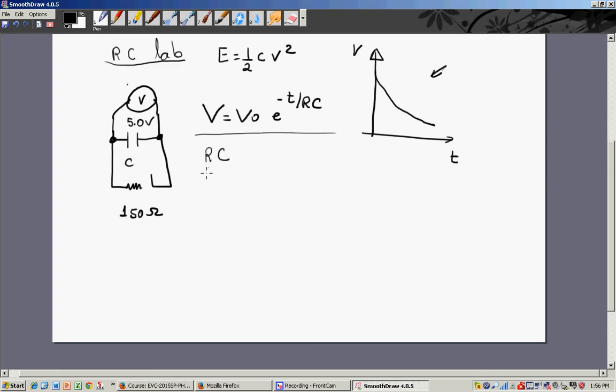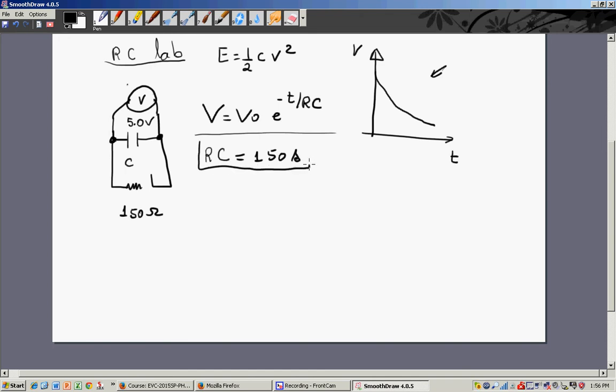So if you measure the resistance all right, 150 ohms, we don't have the means yet to measure, in fact, the capacitance, but we bought it as 1 Farad, so this whole thing is 150 seconds. That's the units of R times C, or ohms times farads.